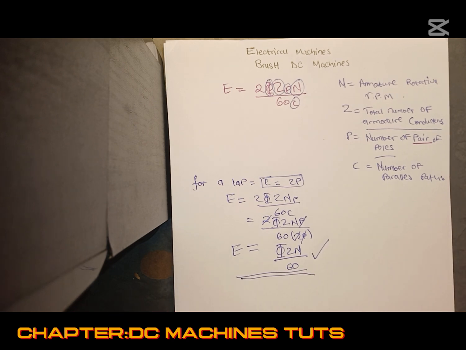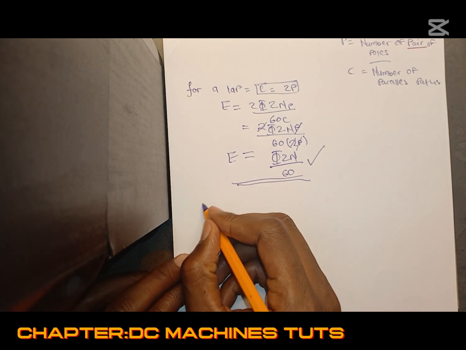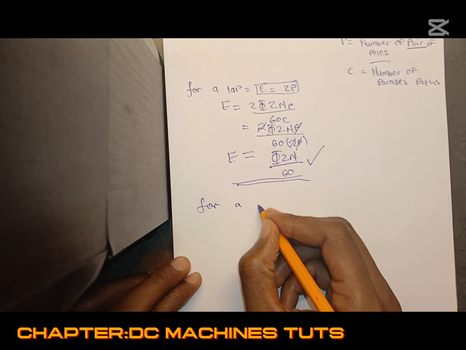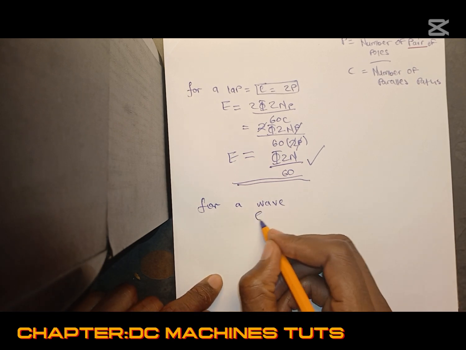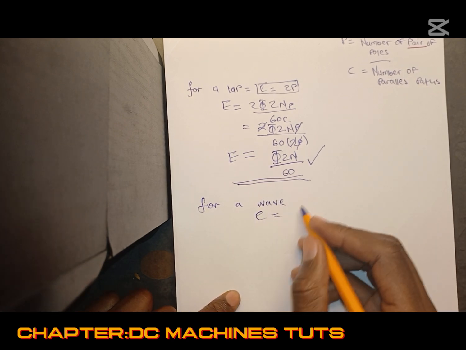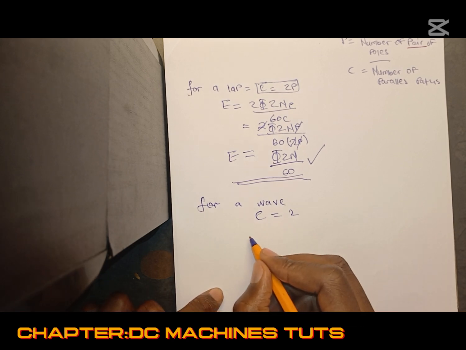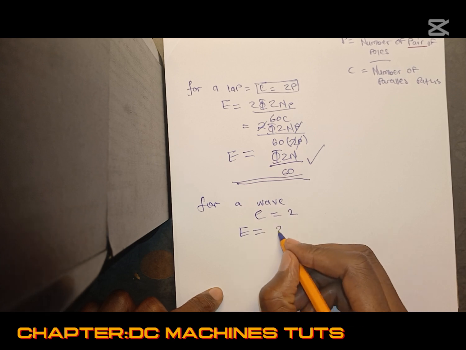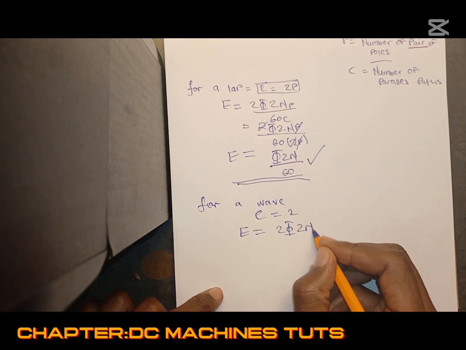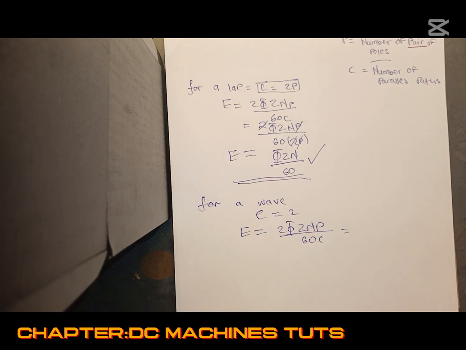Right, now let's talk about the one for wave. For a wave, your number of parallel paths is 2, right? So you can just say EMF is equal to 2 flux Z N P divided by 60 C. And from there we have to substitute what? 2.